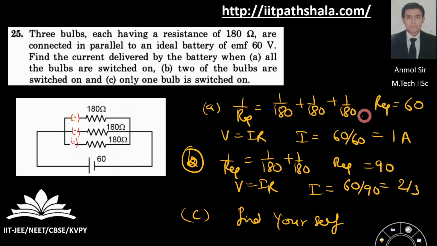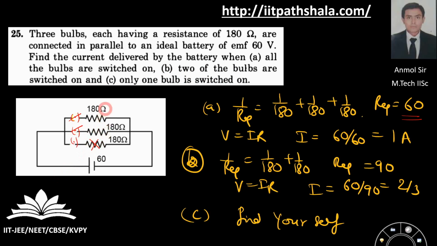So simply find out the R equivalent, and because you have to find the net current, you can easily apply Ohm's law, V equal to IR. Now you have R equivalent, you have V over here, and you can find I. Now he's saying that in the second part, two bulbs are switched on, so you are switching on only two bulbs, but you are not connecting the third bulb.